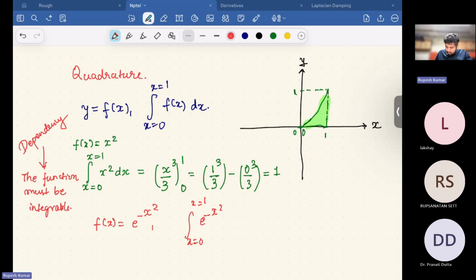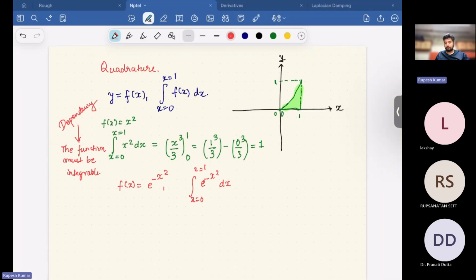So x squared dx very easily, right? So this is not straightforward. So for this, you might need some sort of quadrature rule. So how to integrate this function, how to find the area under the curve for this function, right, everyone?